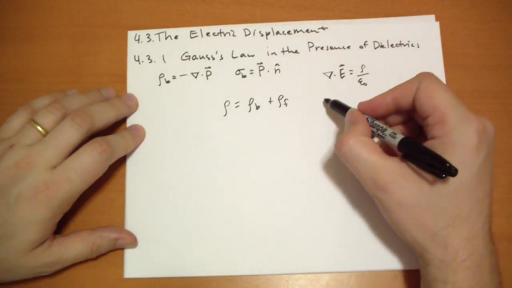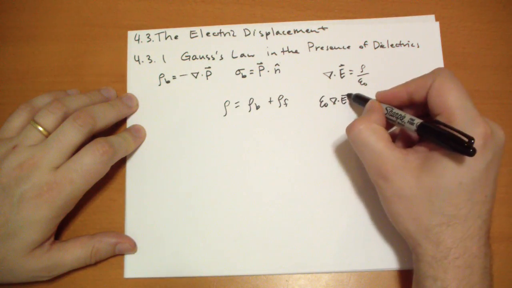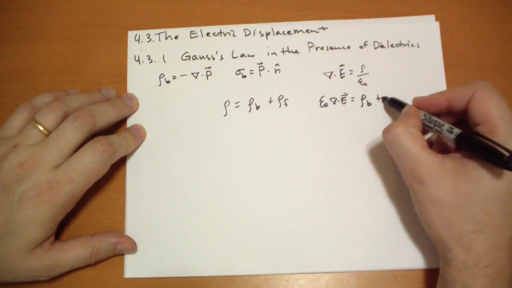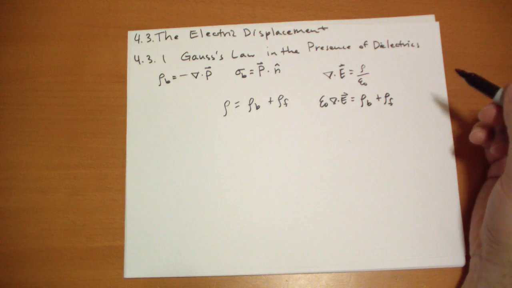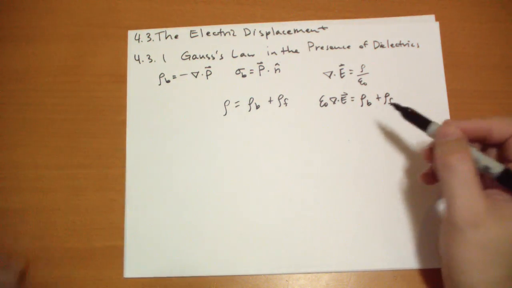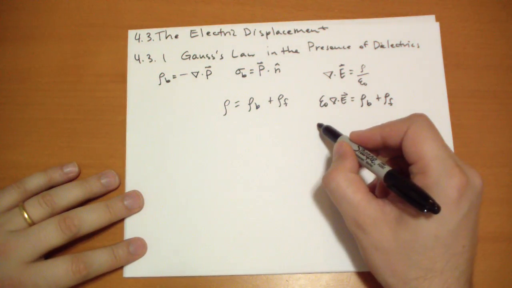Well, now we have that. So epsilon naught times the divergence of the electric field is equal to the bound charge plus the free charge. And the bound charge is equal to negative the divergence of the polarization.